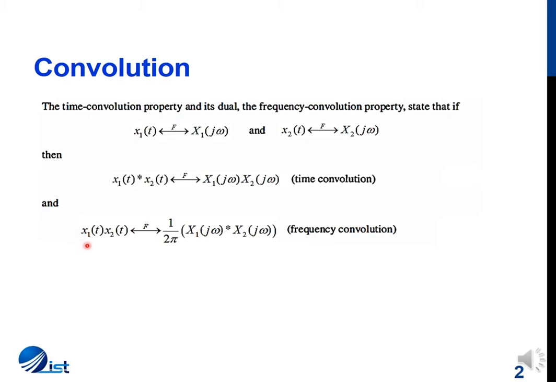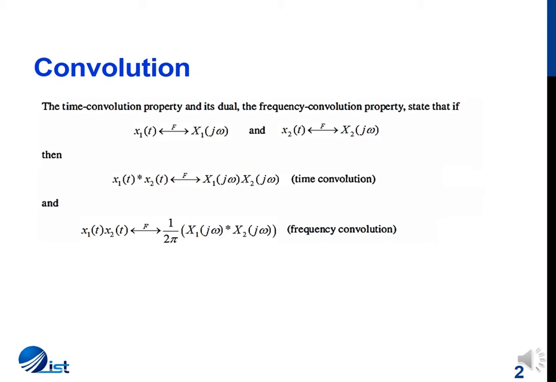This property can also be stated from a multiplication point of view, and that is why your book has named it the multiplication property. If we have two time domain signals which are multiplied, then the spectrum of the resultant signal, say x4 of t, is going to be the convolution of the individual spectra x1 of j omega and x2 of j omega.